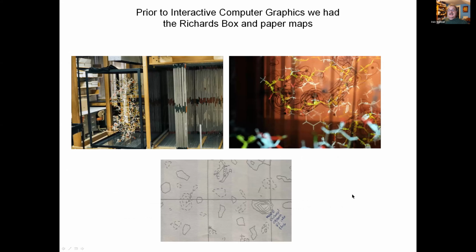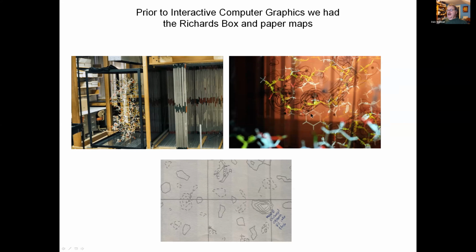Now, model building is the other problem that was going on at the time. That's a harder problem because the hardware didn't exist nearly as well. But at the start, most of the models were built using physical models in a Richards box. This is a device that has a half-silvered mirror. You have electron density sections here where you can pull out a particular slab of density that you're working on, and you're building a model on this side of the mirror.